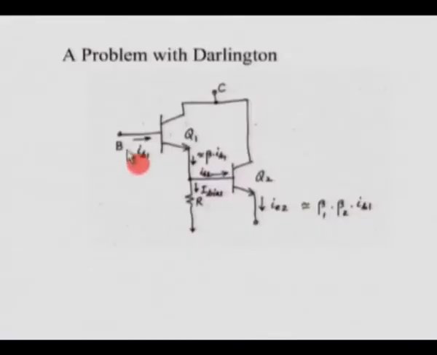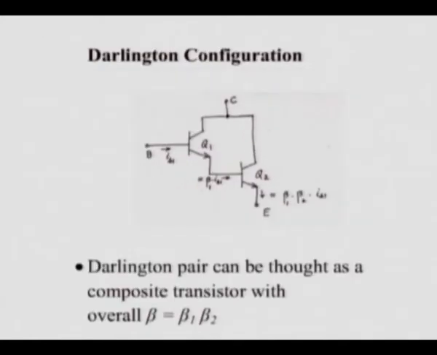Now, in a Darlington configuration we can get into trouble. Think about the previous scenario where we had a simple cascade. Here, in case we have a large resistance, let us say that we want to somehow get tens of megohms from a Darlington emitter follower. So, let us say that we put a large resistance at the emitter to get an emitter follower, say 100 kilo ohms or let us say 1 megohm.